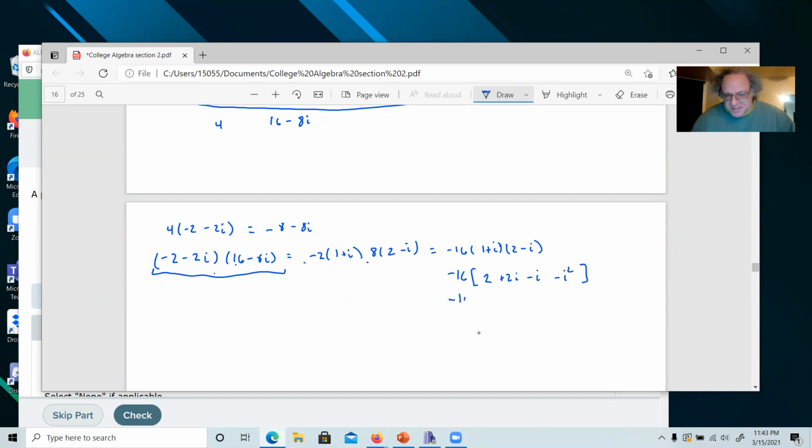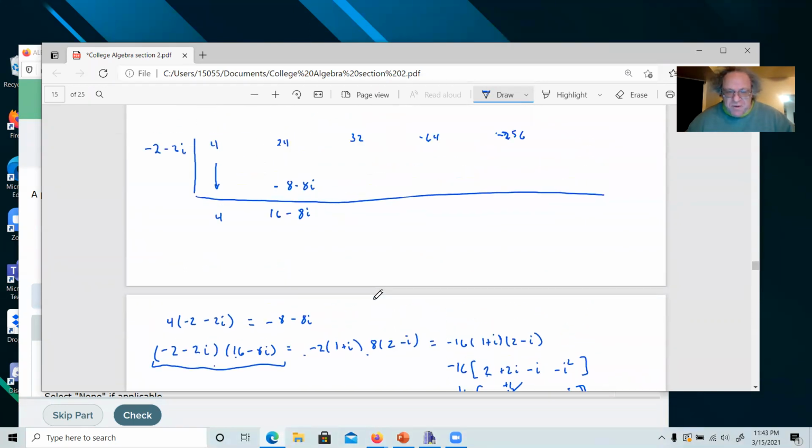So we have 16 times 2 minus i squared, that's plus 1, isn't it? And then we have 2i minus i. So 2 plus 1 is 3. 2 minus 1 is 1. -16, and we ended up with negative 16 times 3 is 48, minus 16i. All right, so if you multiply this out, you're going to end up with the same thing. I know. And we'll be in the same spot. So that's okay.